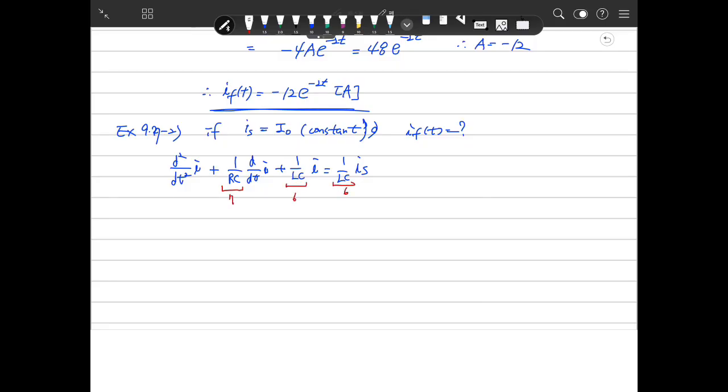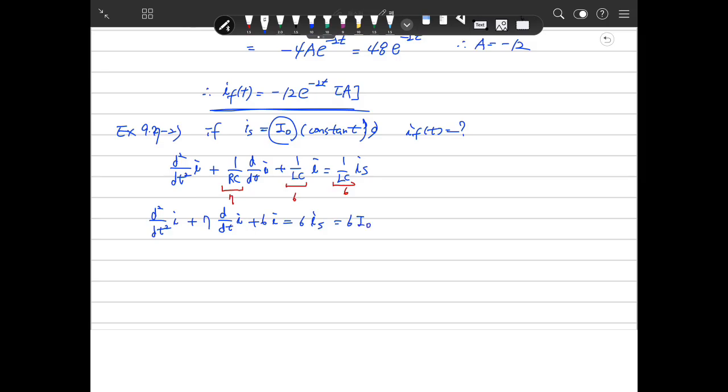So the equation is d squared I/dt squared plus 7 dI/dt plus 6I is 6 I0. And I is a constant, so there will be 6 I0.